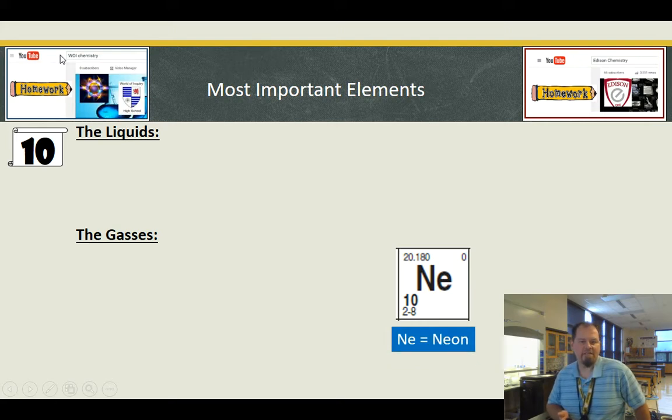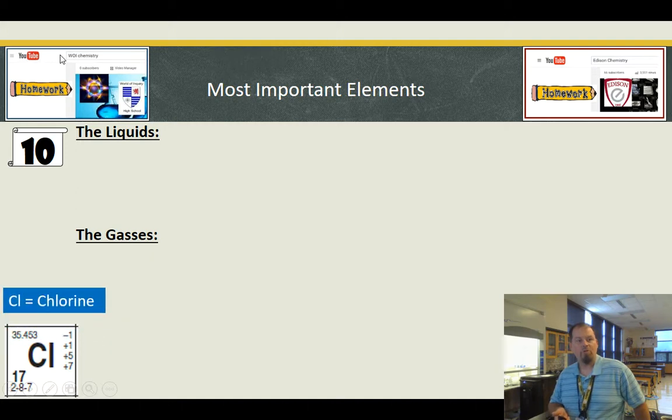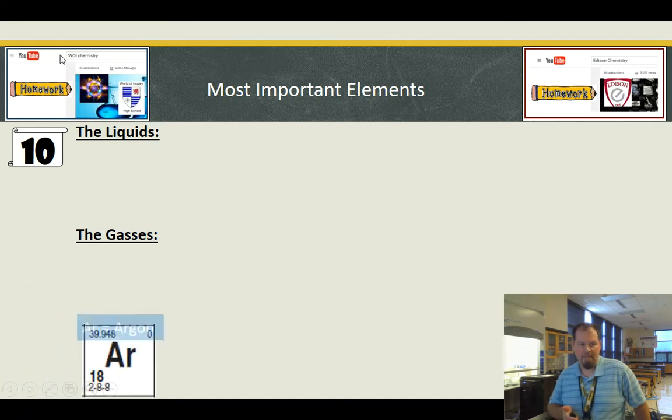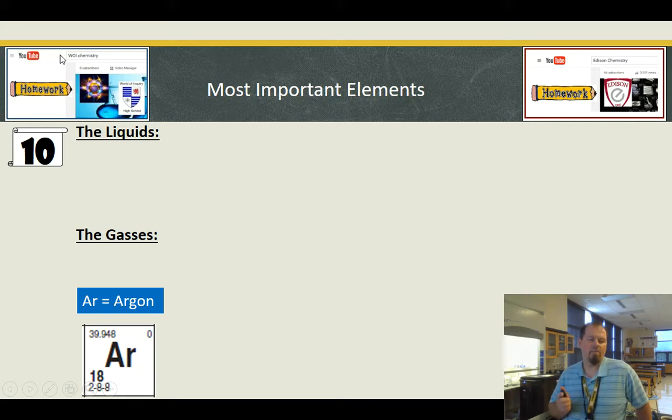We've all seen neon signs. It has a specific color when I hit it with electricity. Chlorine, we just did this, but it's important to do it again. Chlorine, Cl, is chlorine. It is also a gas that's very poisonous. Argon, another noble gas. Argon will make a different color in those neon tubes and make the signs a different color. Some of them are argon.